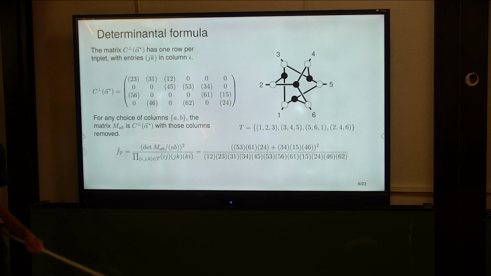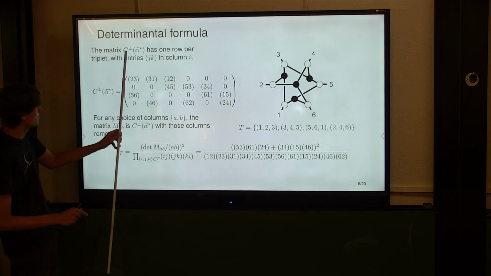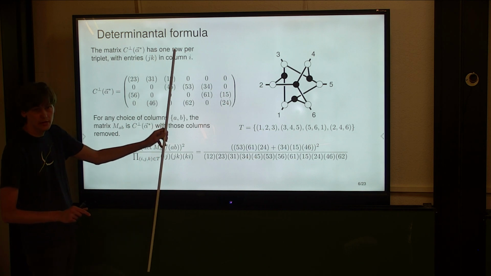And as part of the gauge fixing procedure, you need to choose a basis in which you do an inversion of those delta functions, and you find that you erase 2 columns of this matrix according to whatever basis elements you chose, and you end up with a square of that in the numerator. So here, one choice you could make is you remove columns 1 and 3.